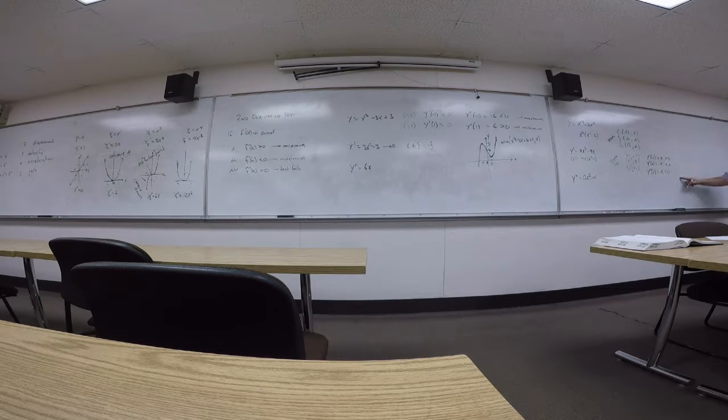So let's identify these 3 points. First derivative 0, second derivative greater than 0, means a min. First derivative 0, second derivative negative, means a max. First derivative 0, second derivative greater than 0, means a min. Okay. Let's plot all these things.